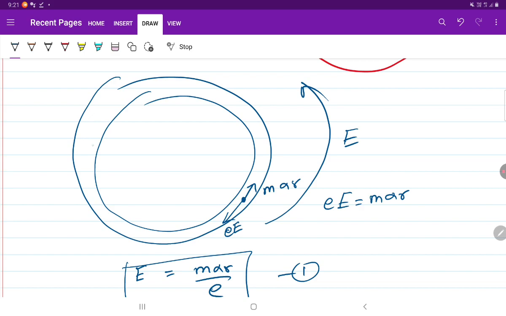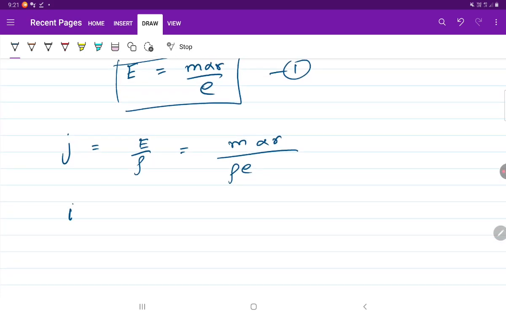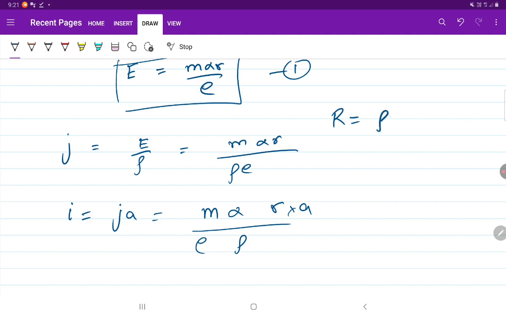Now let us assume that the cross section of the wire has area a. So the current I will be J times a, which gives m alpha r a by rho e. We know resistance R is given as rho times 2 pi r by a.